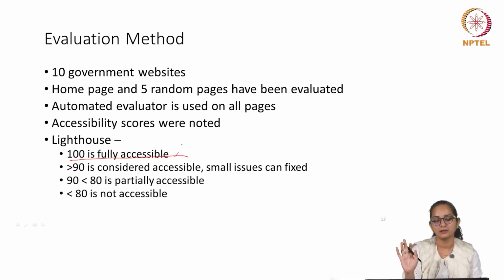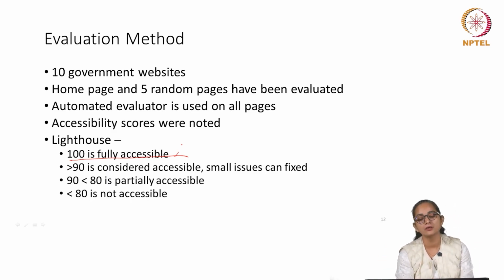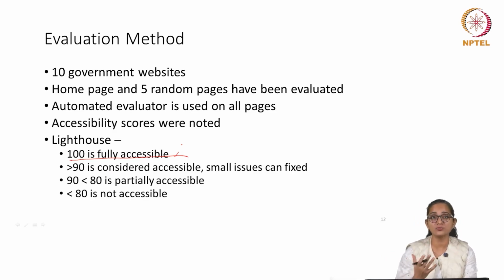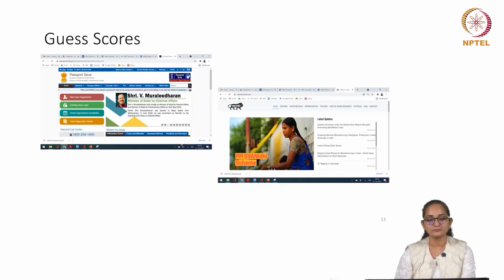If it is between 90 and 100, it is considered accessible, and maybe small issues can be fixed. If it is between 80 and 90, it is partially accessible, and if it is less than 80, it is not accessible. That means it is not compliant with a lot of lower level compliance criteria as well.